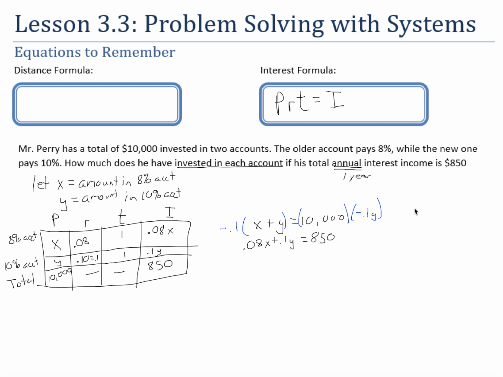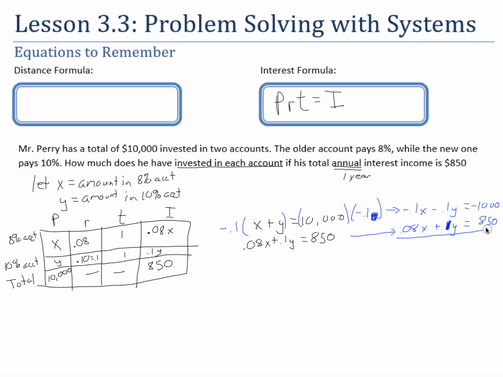When I distribute, I get negative 0.1x minus 0.1y equals, I'm sorry, I put a y here, and I'm just multiplying by negative 0.1, not negative 0.1y. Multiplying by 0.1 moves our decimal over one place, so this is negative 1,000. This I'm not doing anything to because I'll have what I want, so I have 0.08x plus 0.1y equals 850.